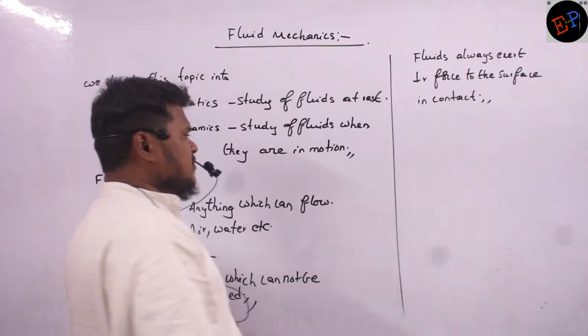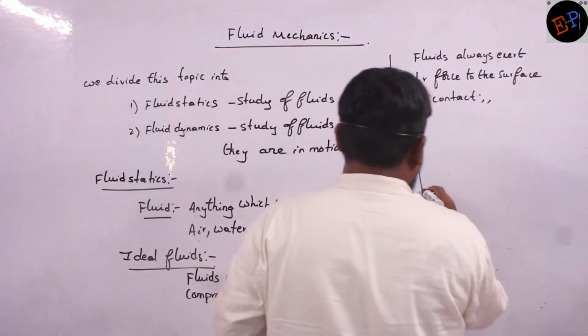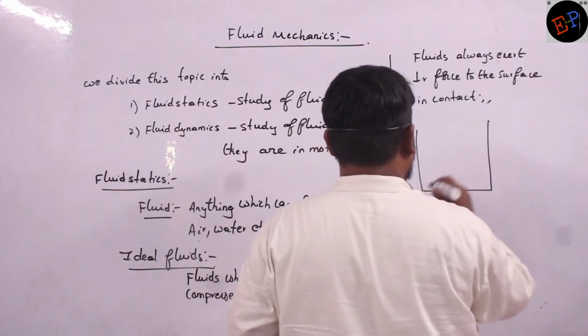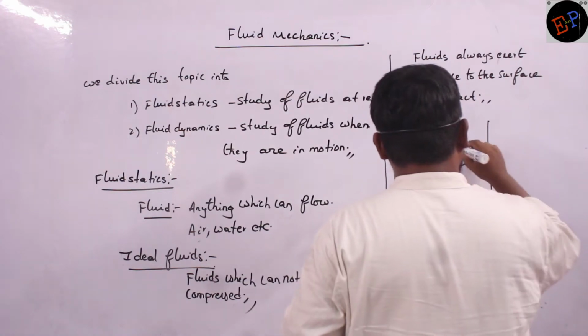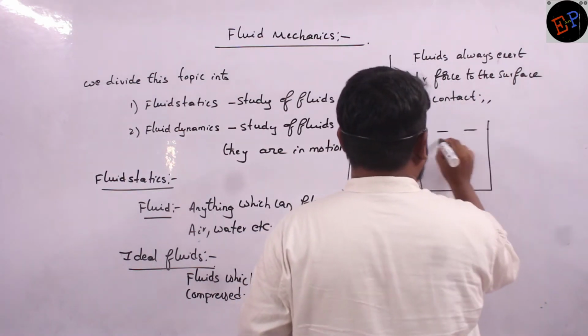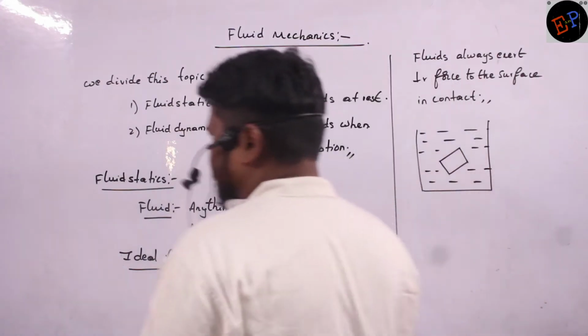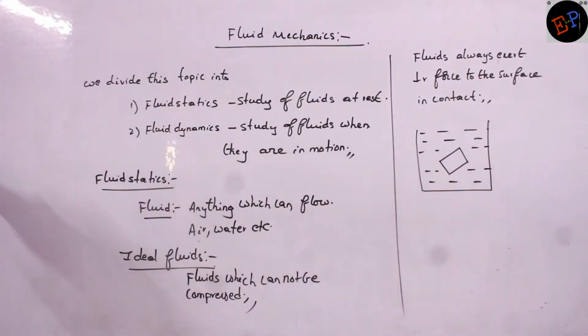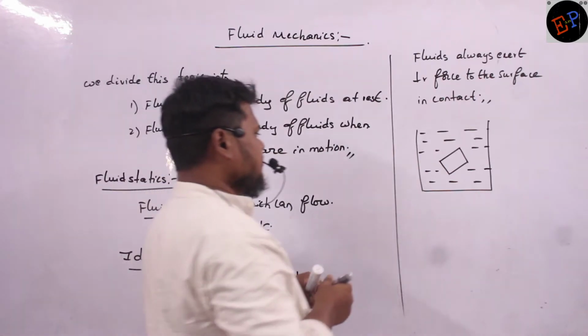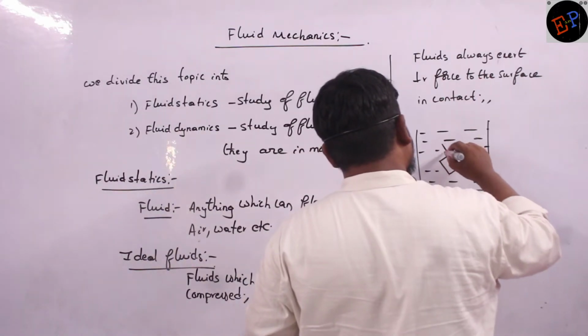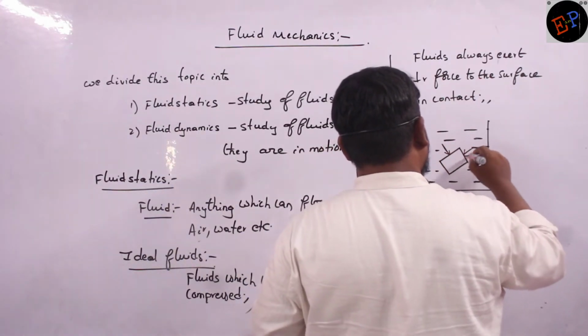What is the meaning of this one? For example, if I take a tank of water, and consider this is a body present in this tank, then on this body, this water will exert a force in which direction? So it will exert a force only in perpendicular direction.